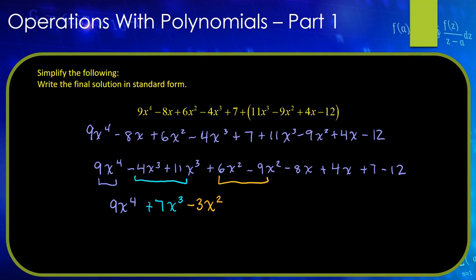A negative 8x plus 4x, I add those together, I would get a negative 4x, which becomes a minus 4x, and a positive 7 minus 12 would give me a negative 5, so I round this out by giving a minus 5. So the final solution is 9x to the 4th plus 7x cubed minus 3x squared minus 4x minus 5, and that's written in standard form.